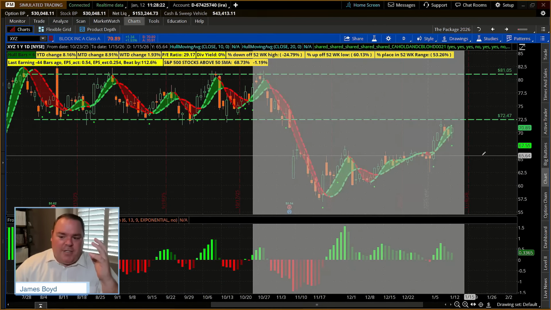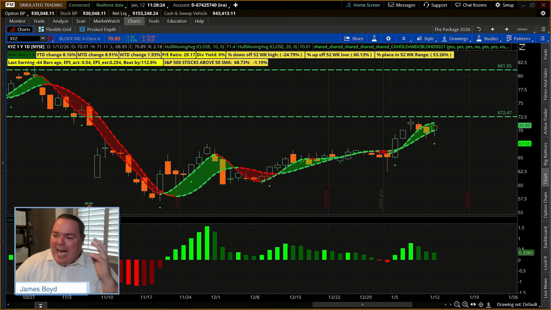The point is, if we're making higher lows into the area of resistance, and you see a 1 day pullback, 2 day pullback, and I've said this more than once, okay?